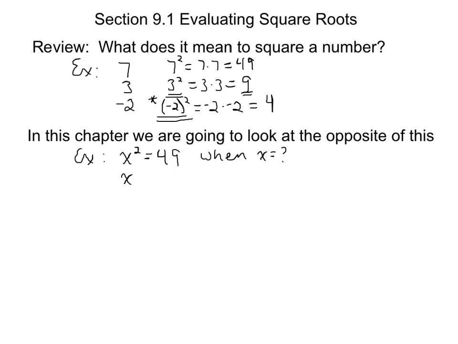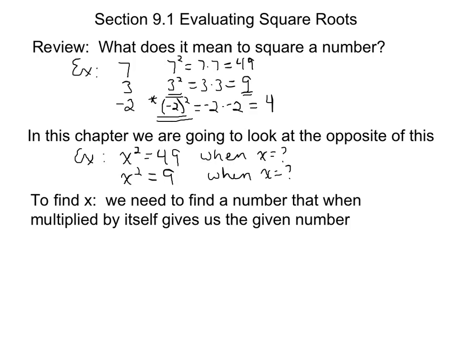Or if x squared is equal to 9, that's going to happen when x is equal to, again, what number? Basically, in order to find x, we need to find a number that when we multiply it by itself gives us the given number.